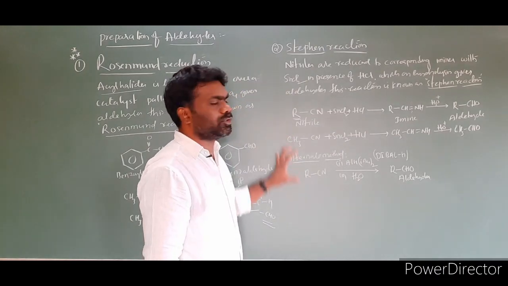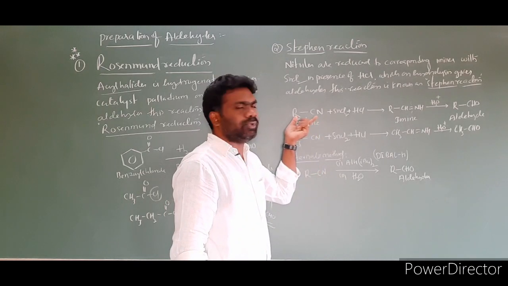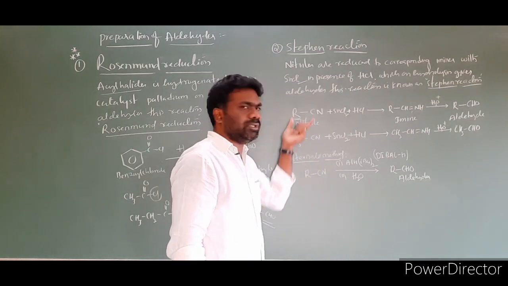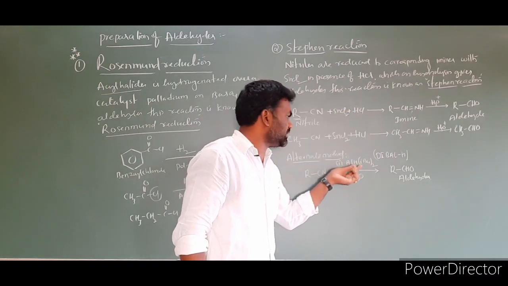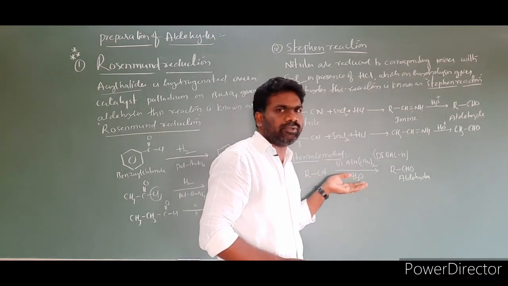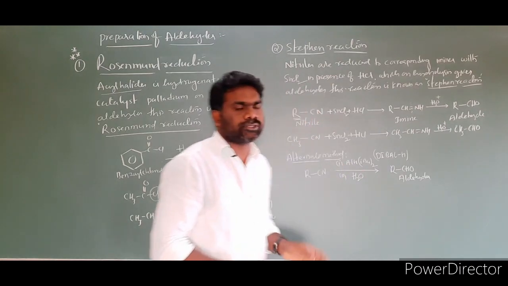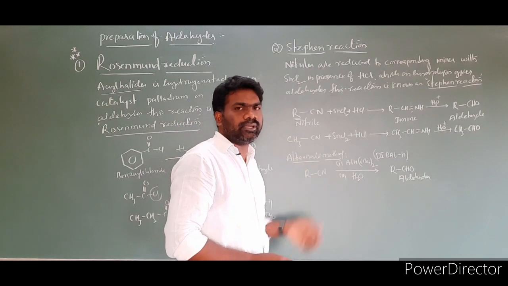In both cases the reactant is nitriles only, but we are changing the reagent. Here it is SnCl2 and HCl, but here diisobutyl aluminum hydride is the reagent we are using to produce aldehydes. So this is an alternate method for the preparation of aldehydes from nitriles.